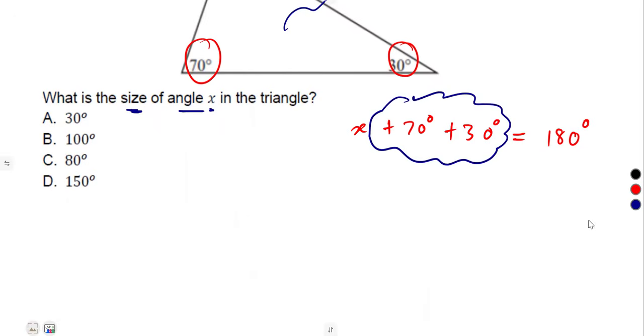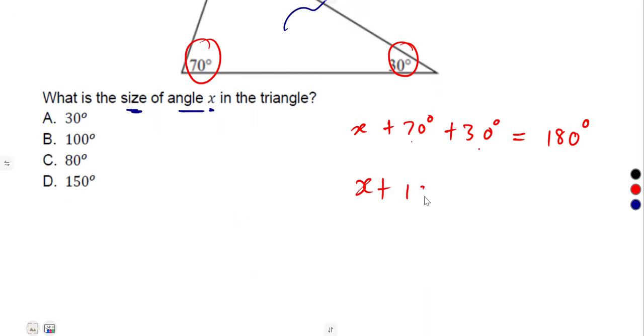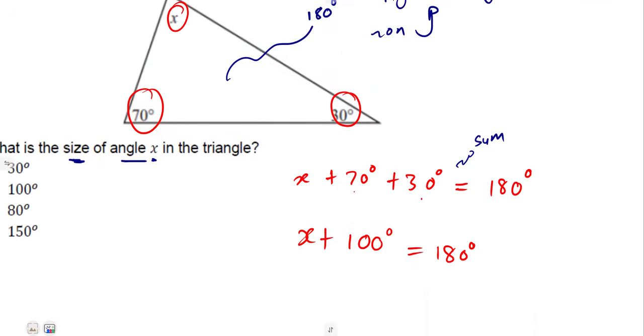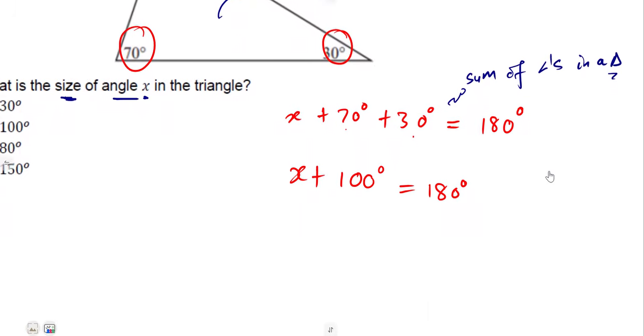That is X plus 70 plus 30, which is 100, equal to 180 degrees. We want to calculate for X. Here we need a reason, which I already stated: sum of angles in a triangle. So that is to find X.